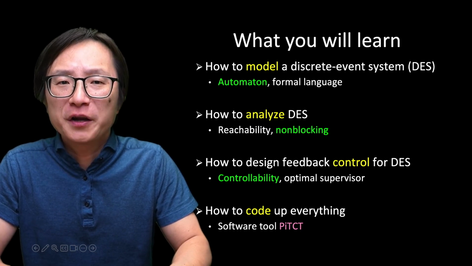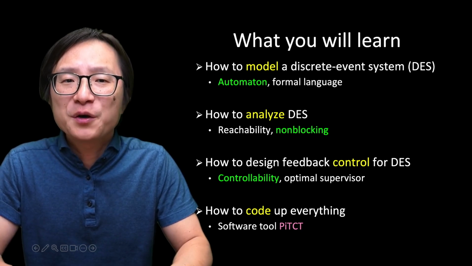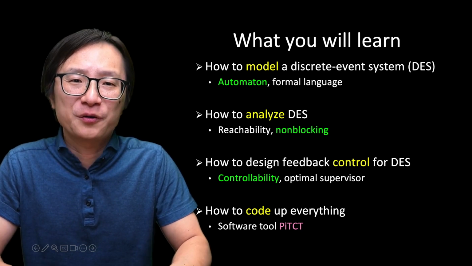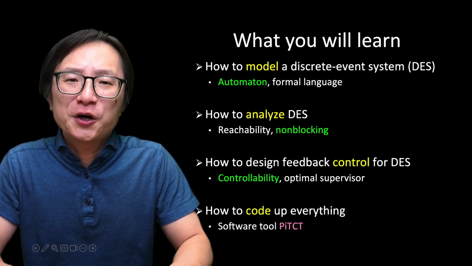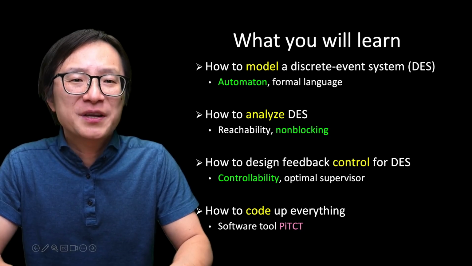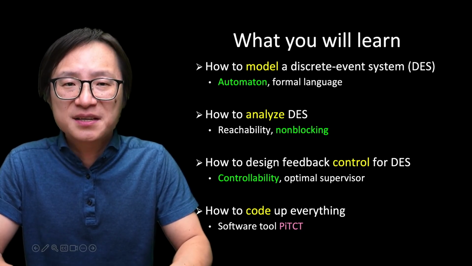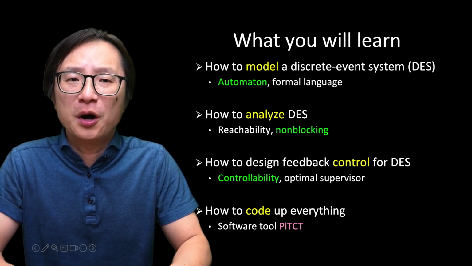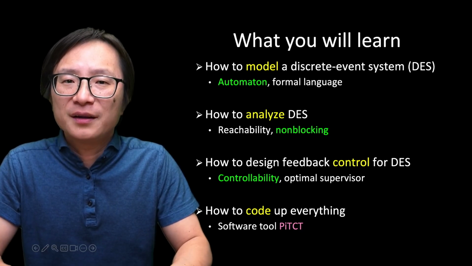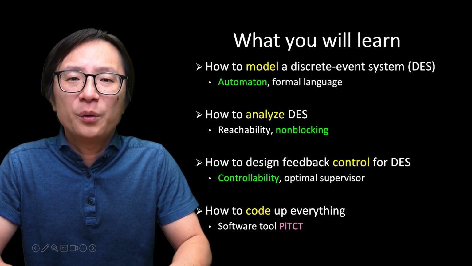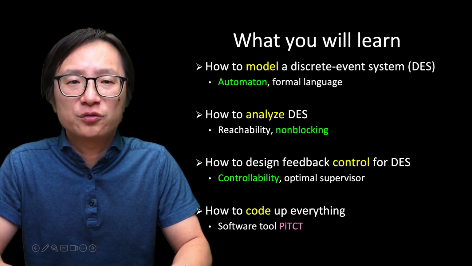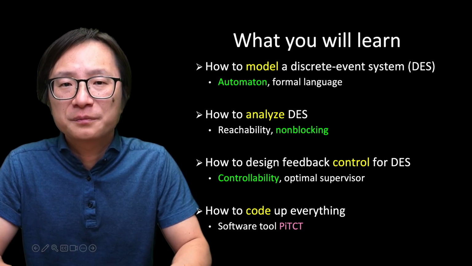So what will you learn in this course? First, you will learn how to model a discrete event system using automaton. You will then learn how to analyze several key properties of DES, such as reachability and non-blocking. After that, you will learn how to design feedback control for DES, where the discrete event version of controllability is central.